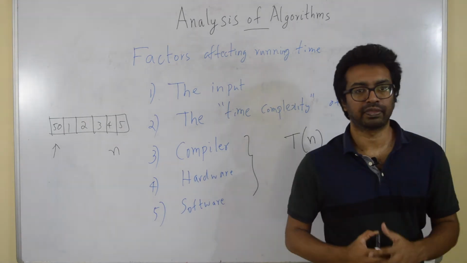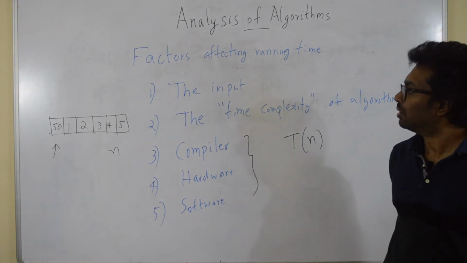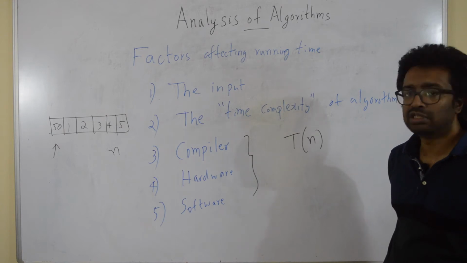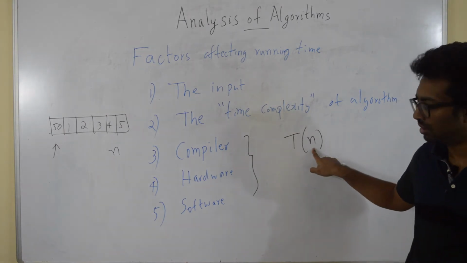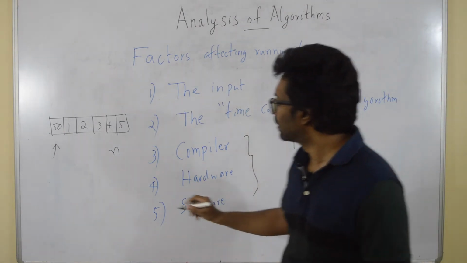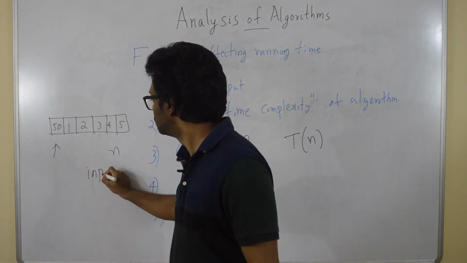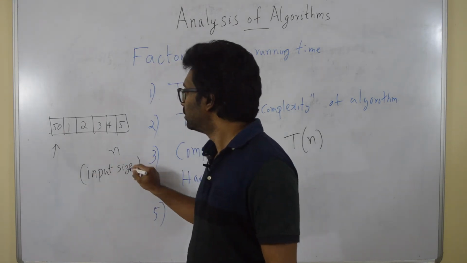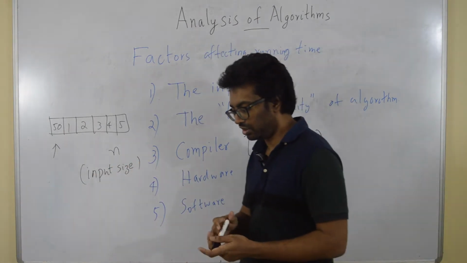Is it clear? So the running time depends on the input size. There are n numbers, and we call this the input size.